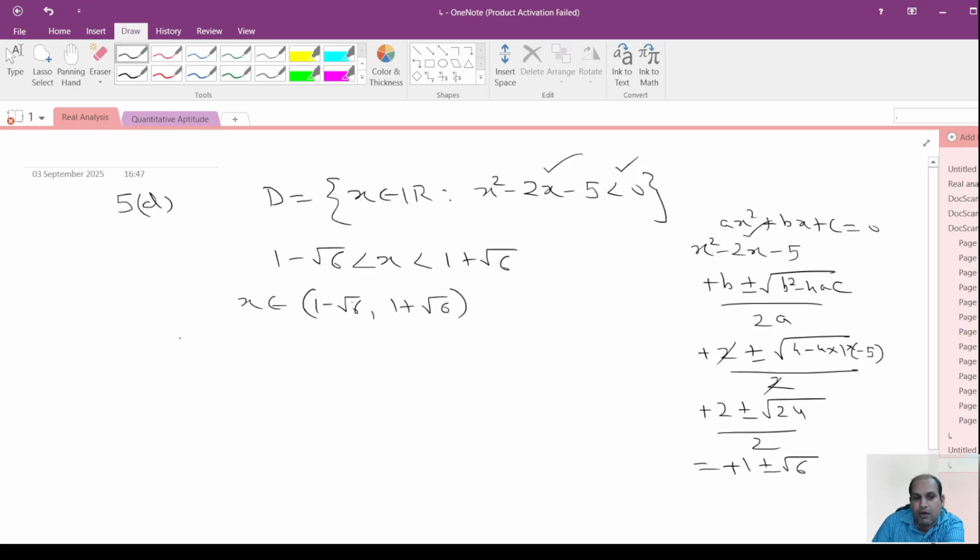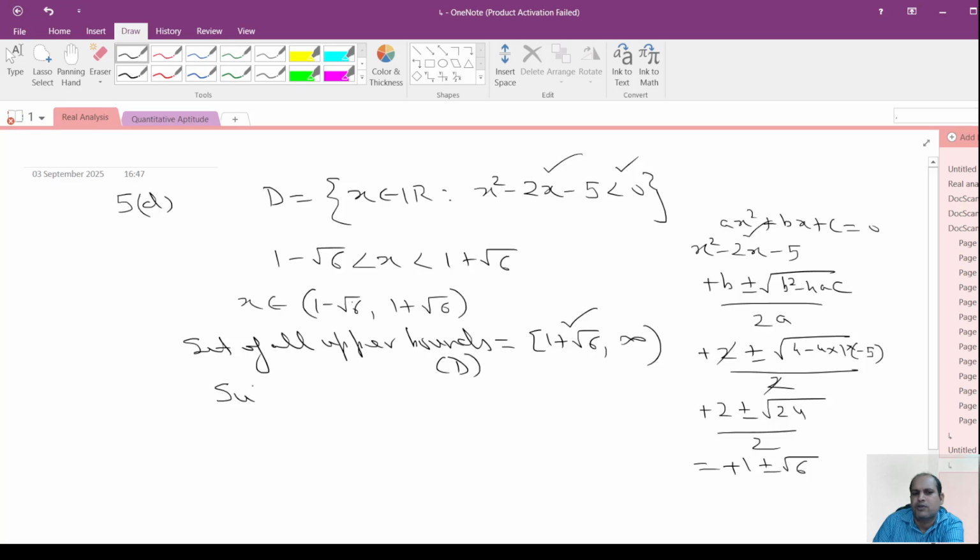So, this set is bounded above as well as bounded below, and the set of all upper bounds of the set D is 1 plus root 6 to infinity, and from the set of all upper bounds the least one is 1 plus root 6.